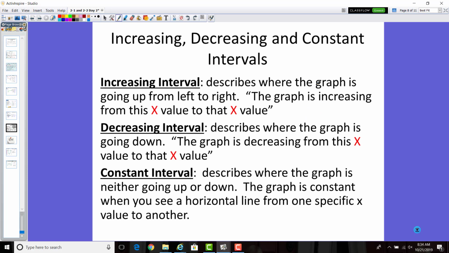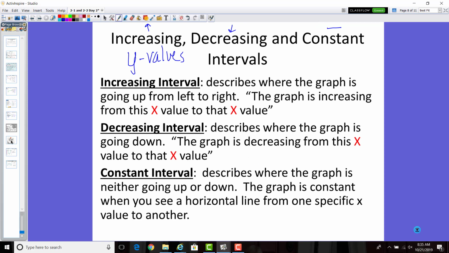The next thing we're talking about is increasing, decreasing, and constant intervals. So we have domain and range intervals that describe what my x's and my y's are. These describe where my y values are going up, going down, or staying the same. Now my y values are what make the interval increase, decrease, or constant.